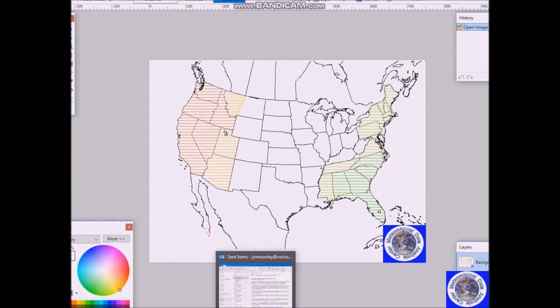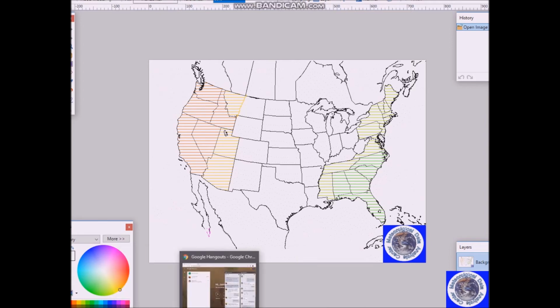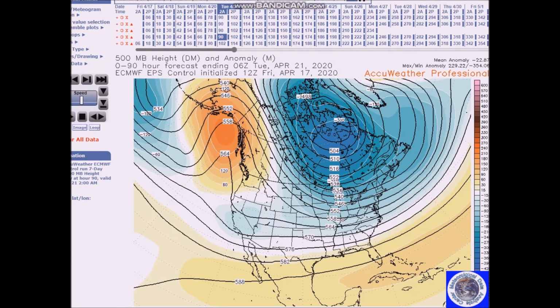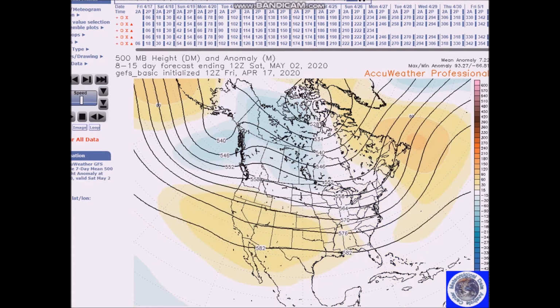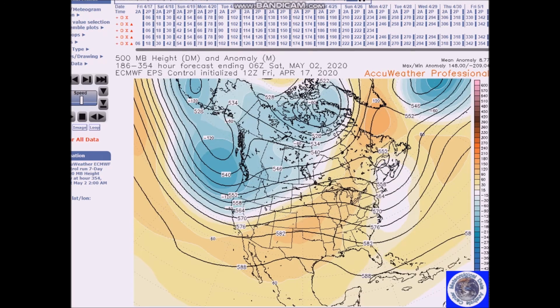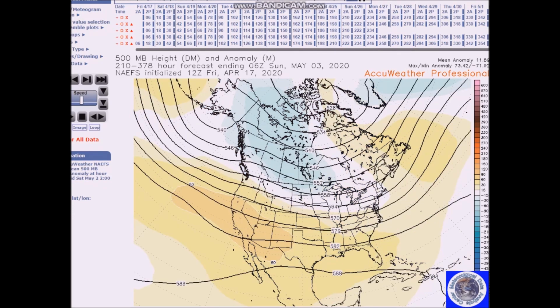Then we look at later in the period going into May, and this is for April 30th to May 3rd. Now the GFS and the European are forecasting more amplified flow, with the trough moving into portions of the west, covering much of western North America, and near to above normal heights, with the zonal flow across the country.